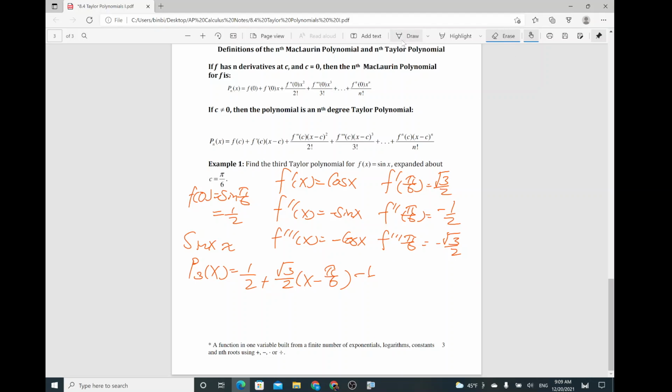Try to simplify it a little bit. And then x minus pi over 6 quantity squared, because c is pi over 6. And then the third one, finally, triple prime of c, so negative root 3 over 2.